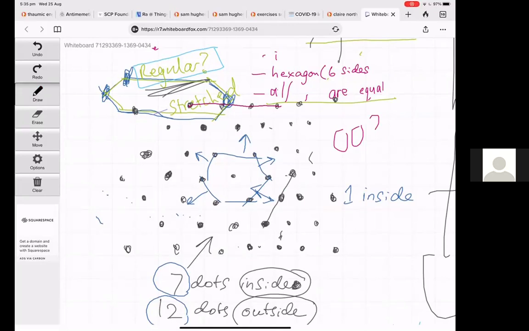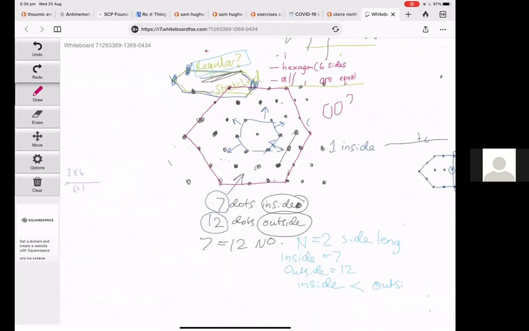So 1, 2, 3, 4, 1, 2, 3, 4, 1, 2, 3, 4, and 1, 2, 3, 4. And then how many dots are on the outside of the pink one, the 4-sided hexagon?